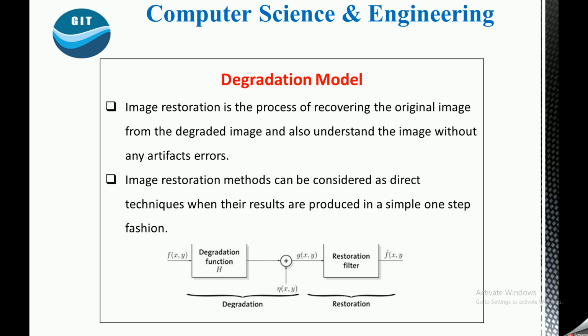The original image f(x,y) gets convolved with the degradation function h(x,y) and noise gets added to it. Hence, to remove the degradation function, also called convolution, we need to apply inverse filtering to the degraded image.